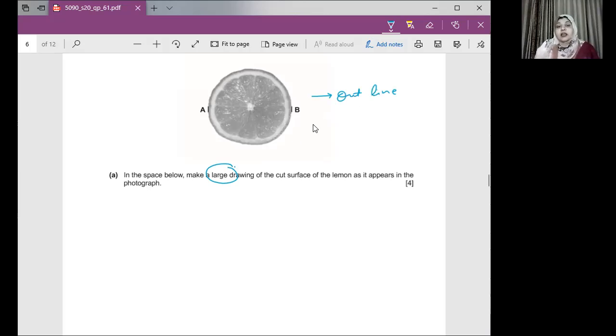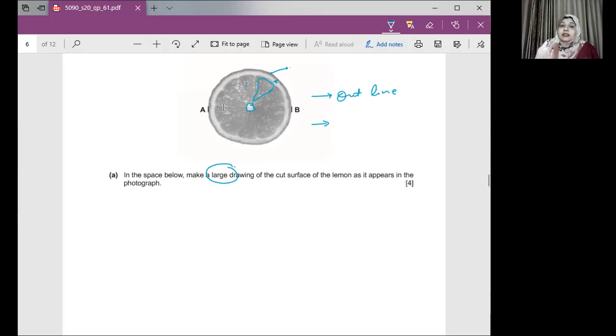Next, you have to concentrate on the proportion. Look at this one, this line, then we have this white portion, then we have this flesh portion area, then in the center we have a whitish portion. So when you are drawing, you have to concentrate on all the portions.